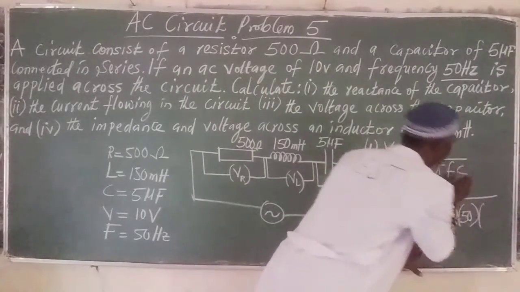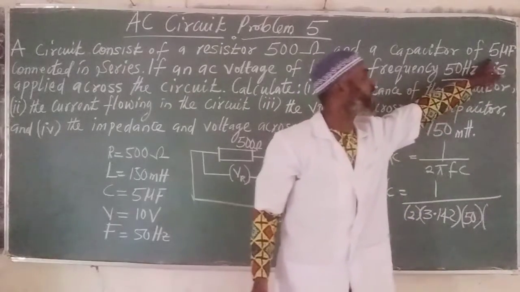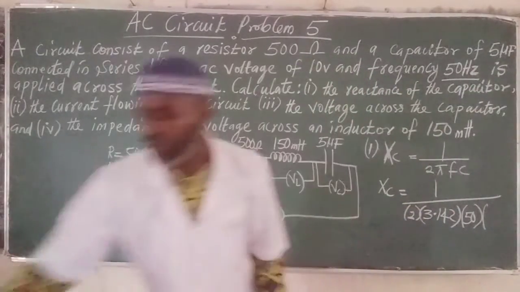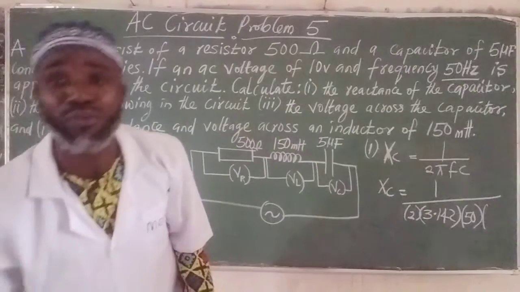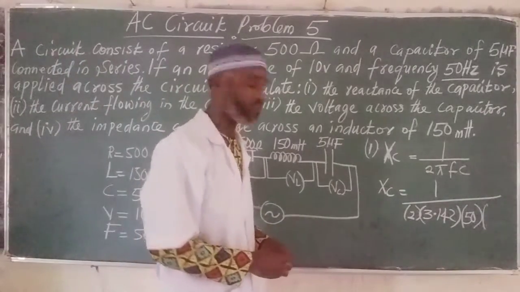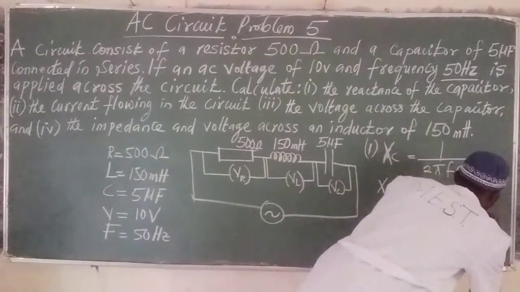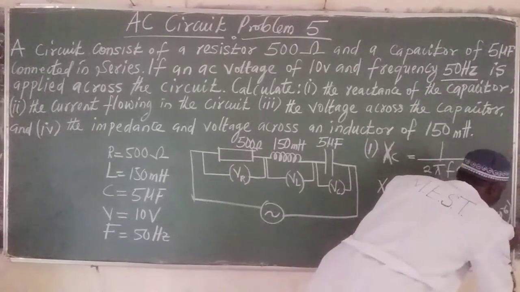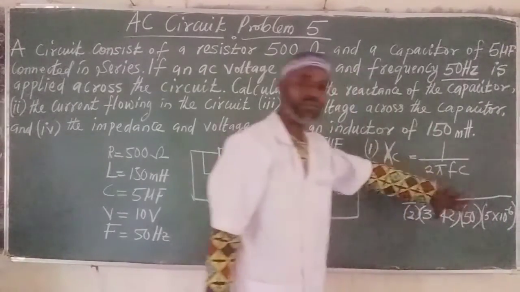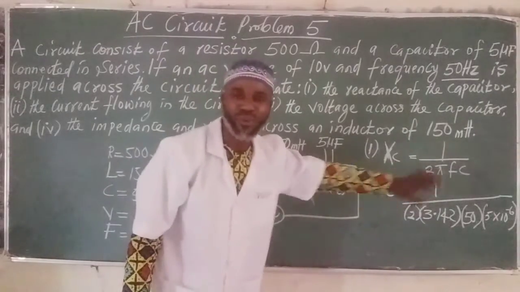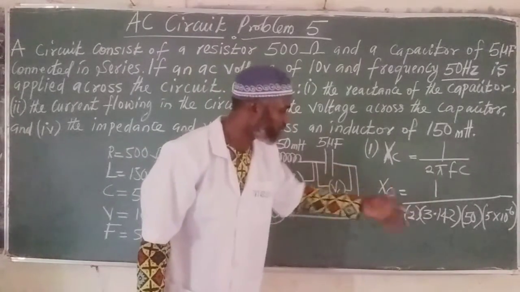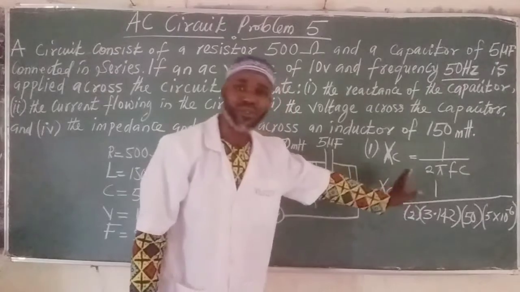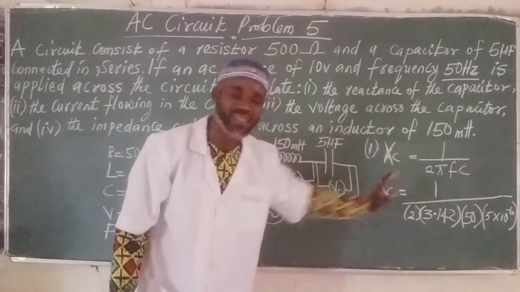Then the value of the capacitor is 5 microfarad, and we should know that microfarad simply means 10 raised to the power minus 6. So we have 5 times 10 to the minus 6, then bracket close. A simple mathematical operation here will give us the answer directly.